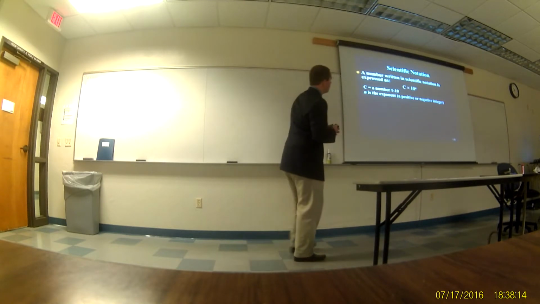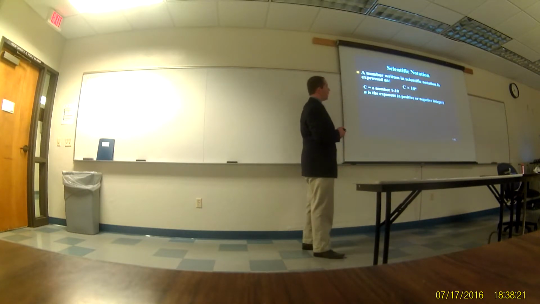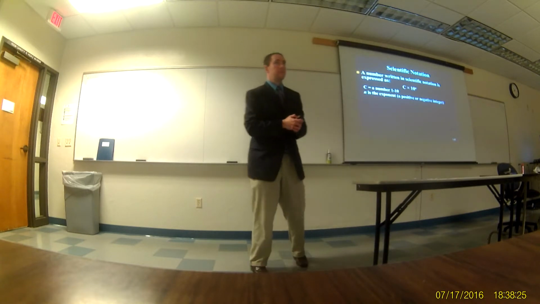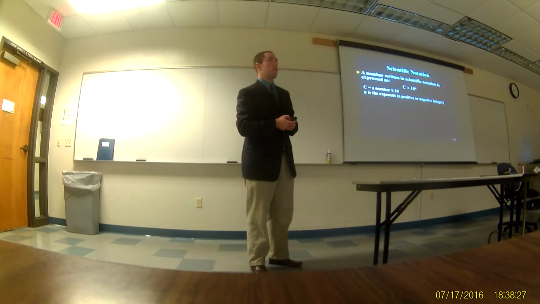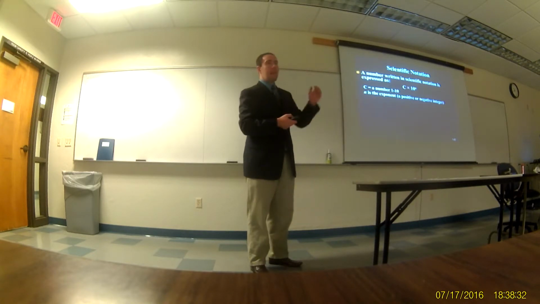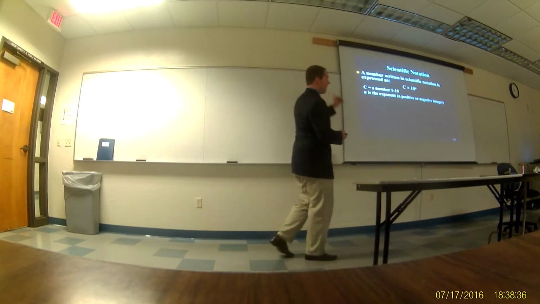In scientific notation, we have a number, we're going to call that C, and that number is 1 to 10. Can it only be to 9? It's between 1 and 10, but it can't be 10. So it's at least 1, but less than 10.